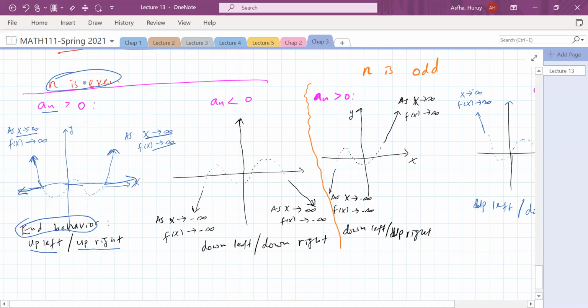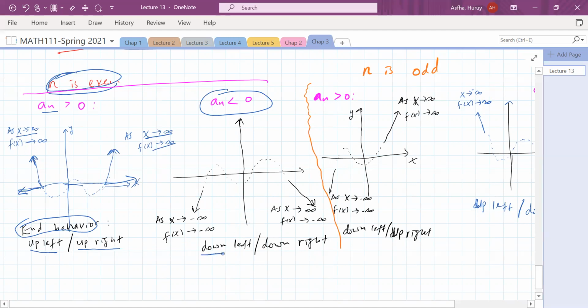And the other case is n is still even, but a_n is less than 0. It's negative. In this case, this is very similar to the graph of a quadratic equation. Since it's negative, the graph opens downward. So both endpoints go downward. We say as x goes to negative infinity, f of x goes to negative infinity, because it's going down and the y value is negative.